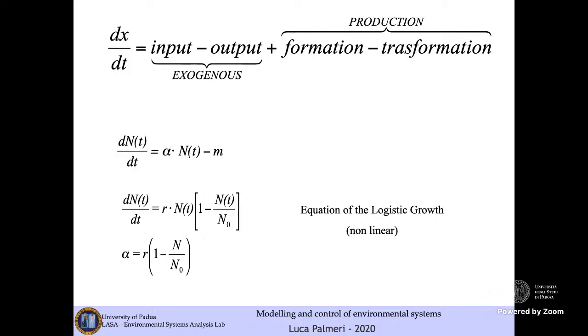Okay, this methodology, which is quite general, may be recast into more general theoretical principles. In particular, we may subdivide the contribution of growth processes in my chemostat into two gross categories: exogenous and production.